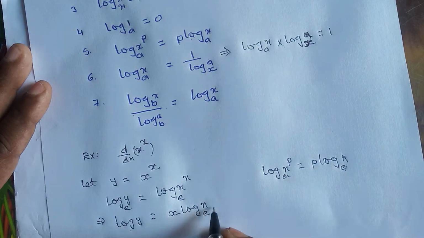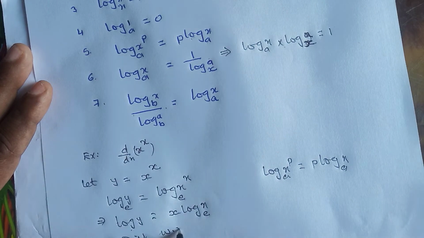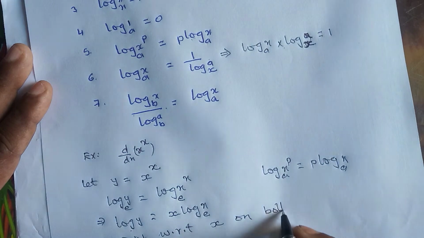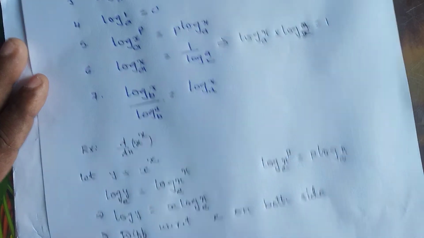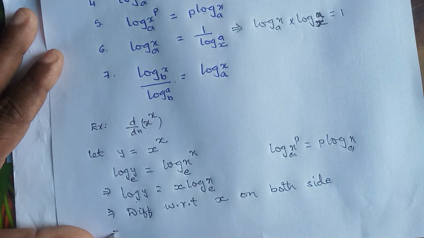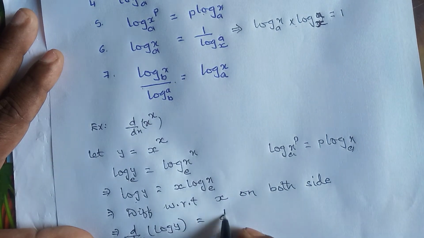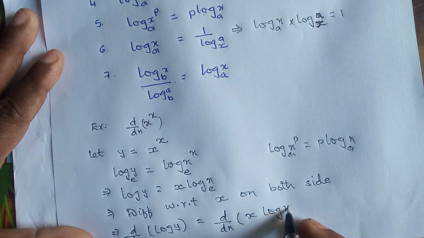This is a product of two terms, x and log x, so you can use the product rule. Differentiating with respect to x on both sides, d by dx of log y equals d by dx of x log x.